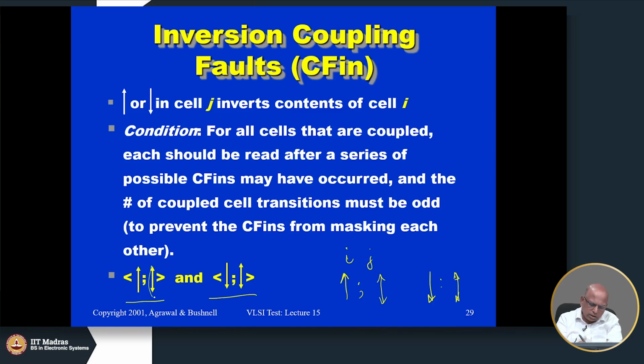The victim will change state, or the victim will undergo an inversion. So, a rising transition or a falling transition in cell j, I have written the other way around. I have written a rising transition in cell I causes an inversion in j.